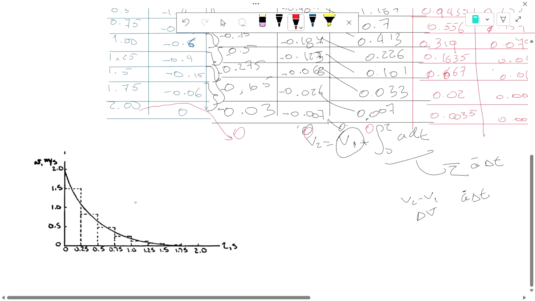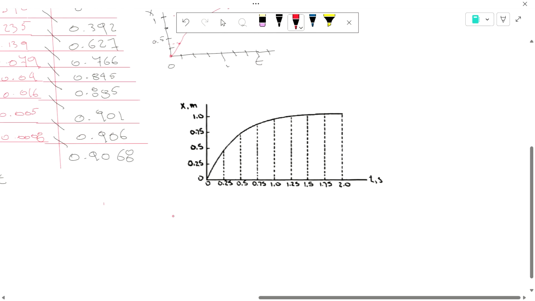The speed goes from 2 meters per second to 0, and the distance traveled was almost 1 meter, which is almost about 3 feet, in 2 seconds. So it's a pretty long displacement.